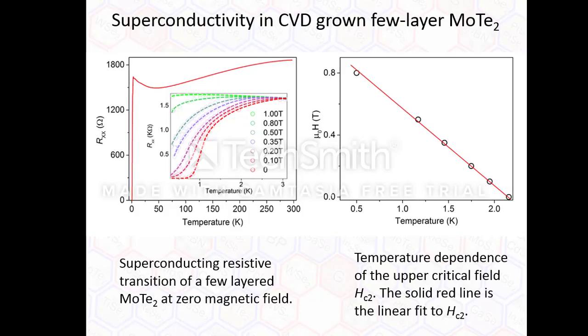For MoTe2, yes, we can see the superconducting behaviors, even for monolayer MoTe2, and the critical temperature I think is around 0.5 K. But for niobium diselenide, it's not shown here, right? That Tc is much higher, 5 K. Niobium diselenide monolayers.